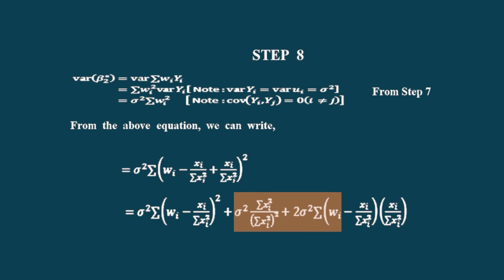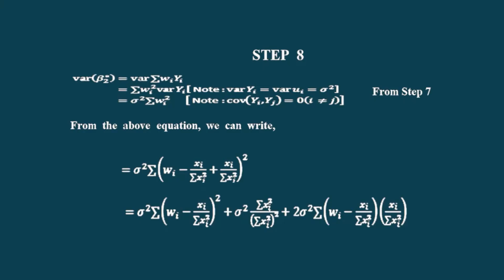If I take the entire square term, then it will be summation of xi square whole square. And it is just as if a plus b whole square, where we have a square plus 2ab plus b square. So the cross term comes in, and this cross term is given by 2 sigma square, and we have a and b.